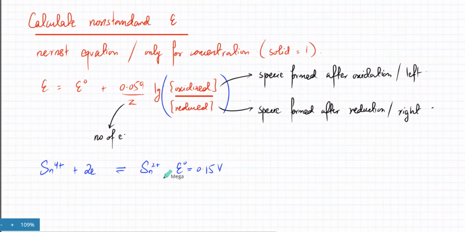But now I'm going to move towards non-standard conditions. So this one is 1.2 mole per dm cube, right? Yes. And that one is 0.01 mole per dm cube. So what do you think should happen? Potential increase or decrease? Where would the equilibrium shift?